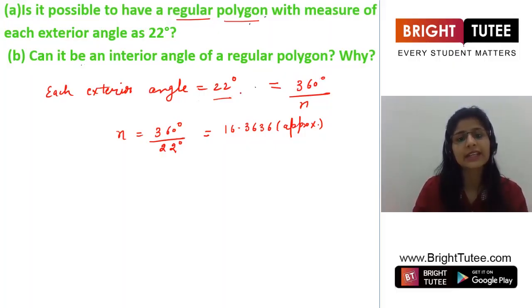So what is the condition we can directly check? We should check that 360 degrees is a perfect multiple of the given exterior angle. Here it is not, so it will not be possible to have a regular polygon with an exterior angle of 22 degrees.